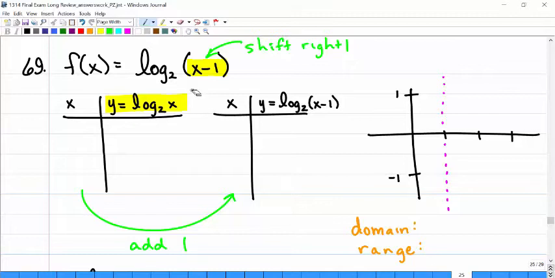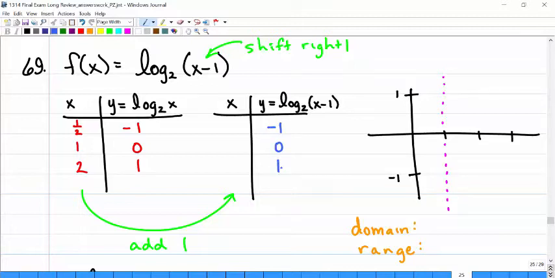Okay, my parent graph, y equals log base 2 of x. My three favorite y values are -1, 0, and 1. For my x values, I get 1 over the base, 1, and the base. For this function, I'm not doing anything to the y values of my parent function, so they stay the same, -1, 0, and 1.